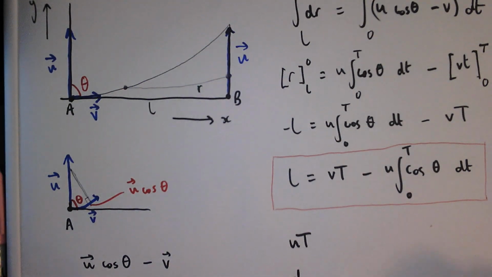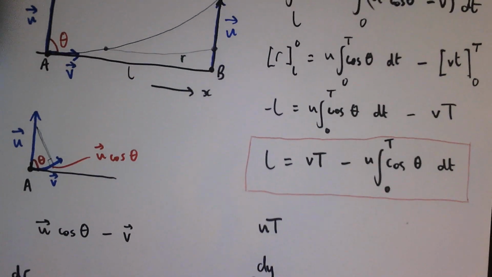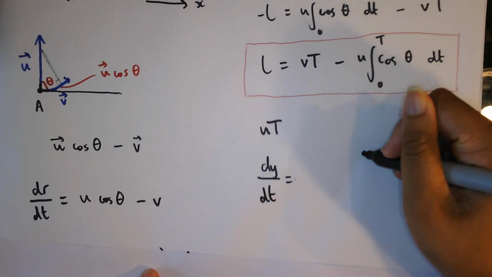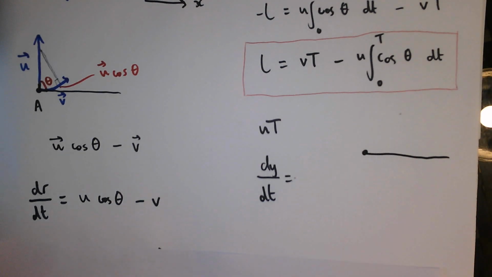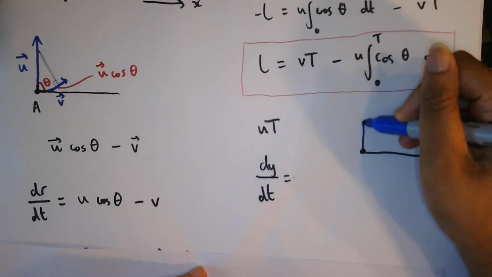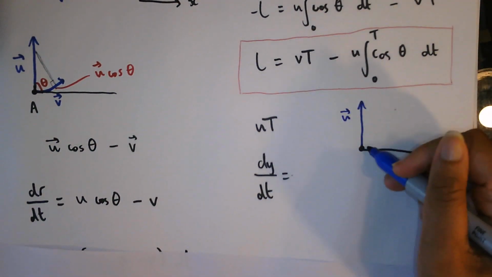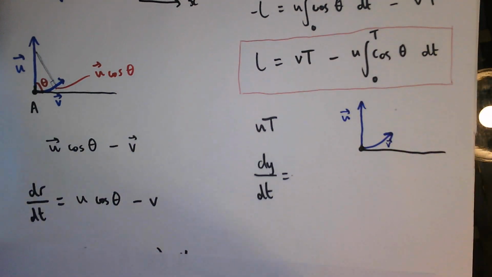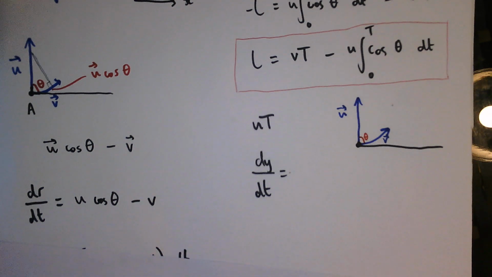So if I draw another diagram to show that component: again, here's point A, here is the vector u, and at this certain point we're saying that v is like this, and the angle between them is theta.